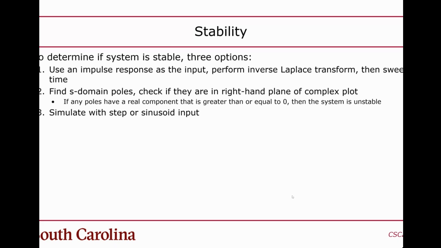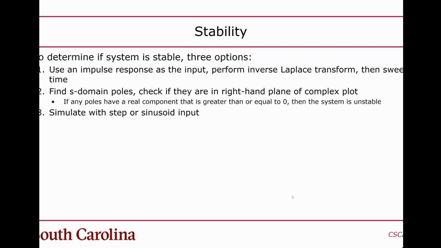I mentioned that the impulse response is a good way to determine if the system is stable. To verify that, you can simulate the impulse response in MATLAB, or you can do the inverse Fourier transform and plot the resulting time domain function.